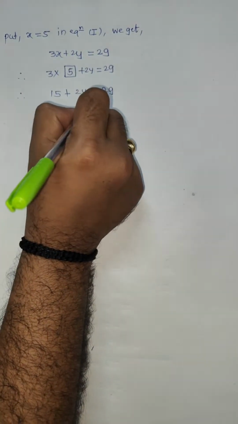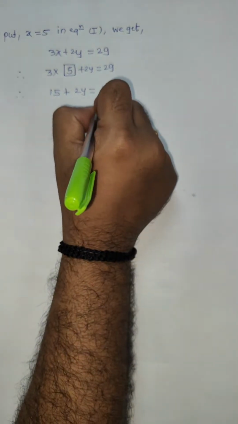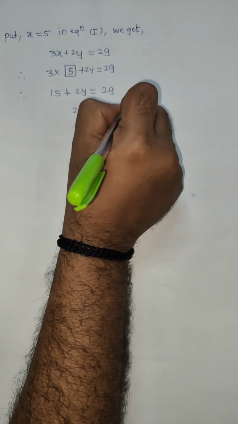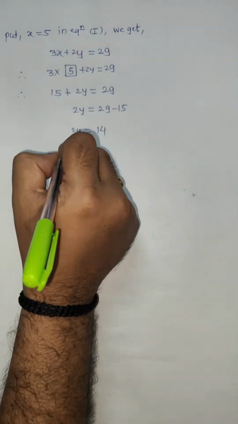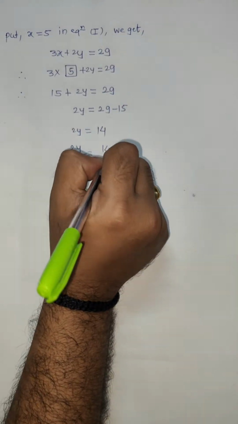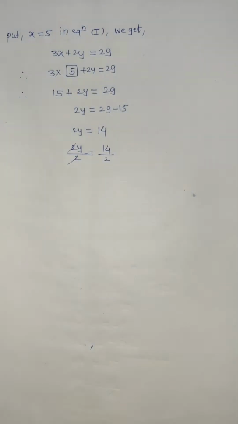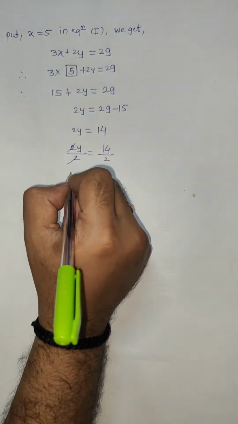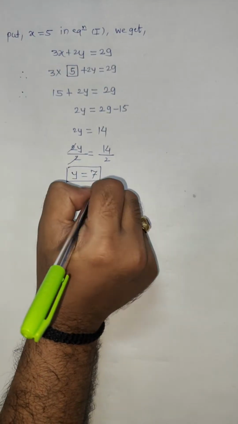Shifting the constant term to the right-hand side, positive converts into negative. So 29 minus 15, so 2y is equal to 14. Dividing both sides by 2, the value of y will be 7. 2 7s are 14. So y is equal to 7.